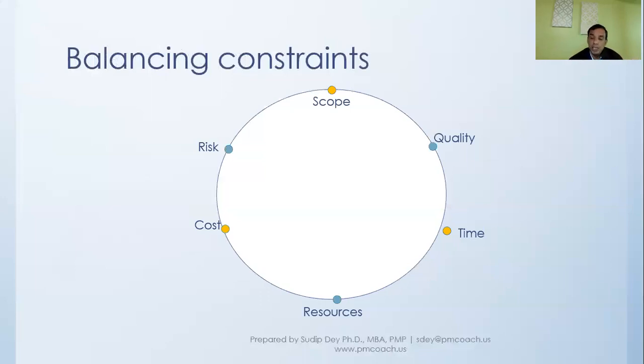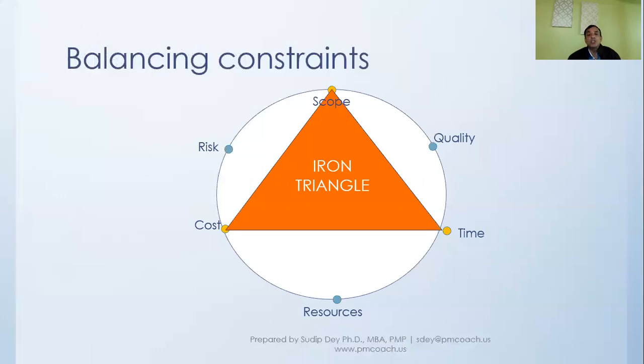Of these 6 constraints, these 3, scope, cost, and time, are the most vital, most critical. They are often called the iron triangle, these 3 constraints: scope, cost, and time. These are the 3 factors that will often judge the performance of your project.